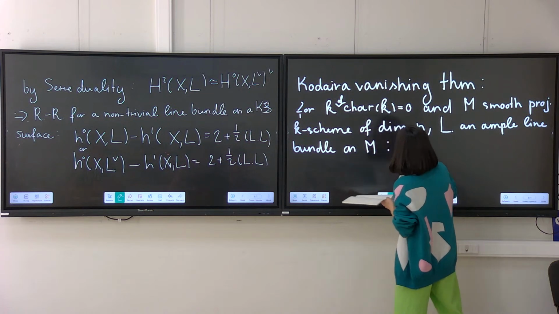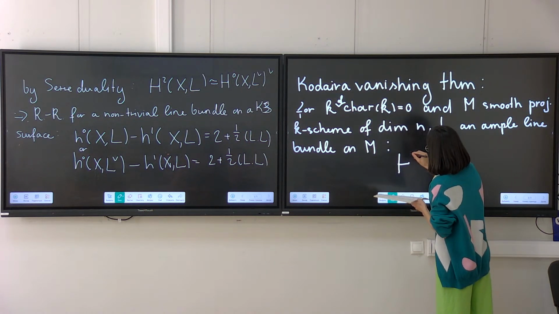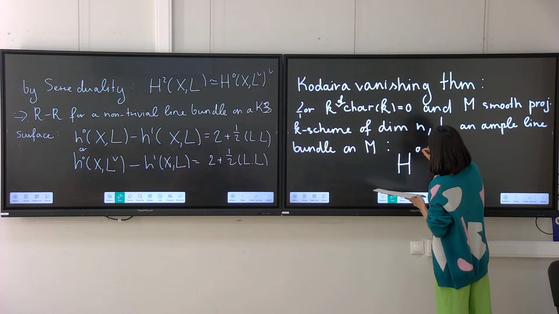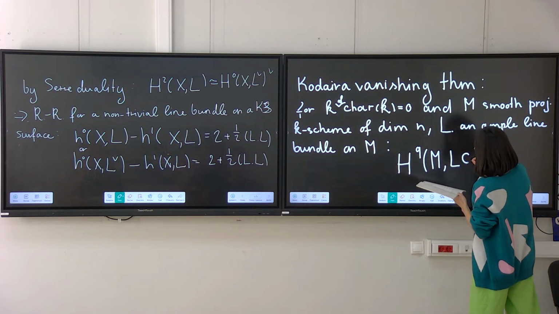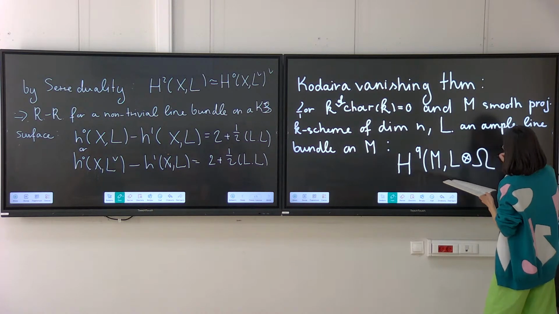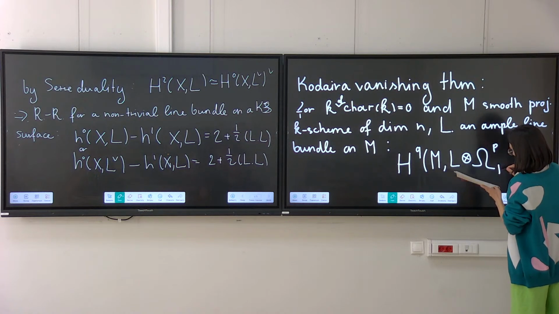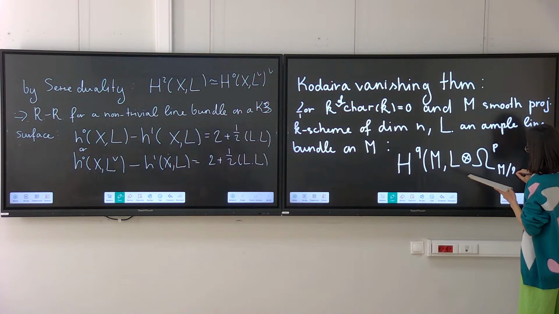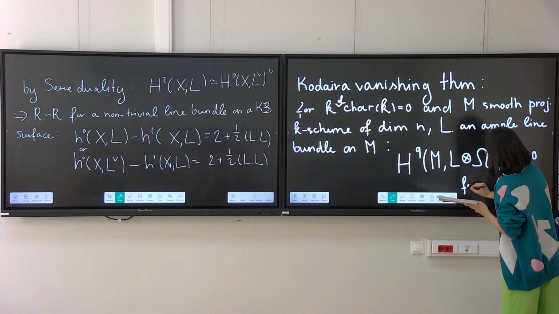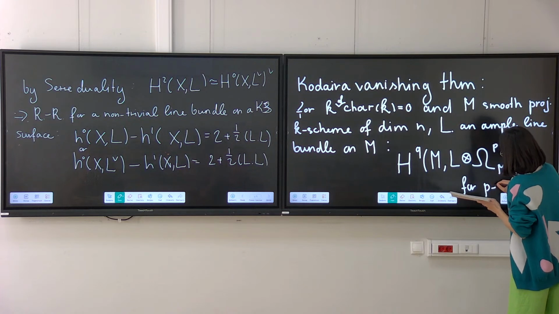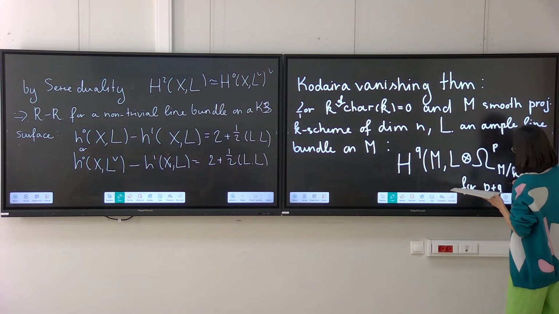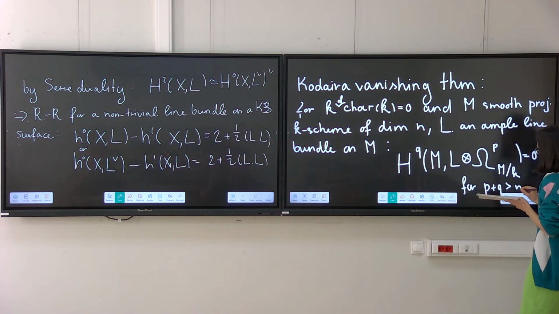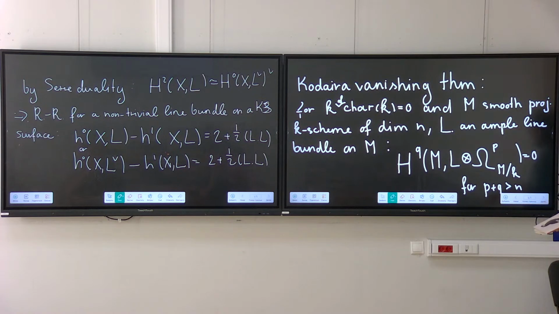We have the following vanishing: H^q(M, L tensor Omega^p of M over the base field) is equal to 0 for p plus q greater than the dimension of the variety. Okay?